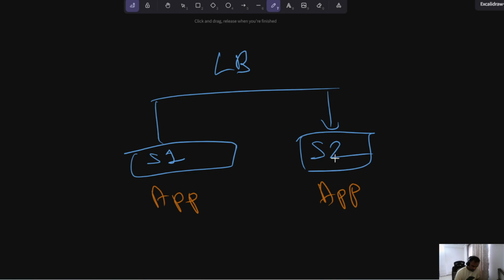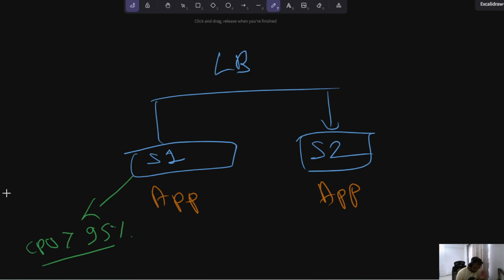On these servers, we have the application running. Server 1 triggers an alert, same as yesterday, that CPU is greater than 95%. This CPU greater than 95% is a metric, which is generated by the server.